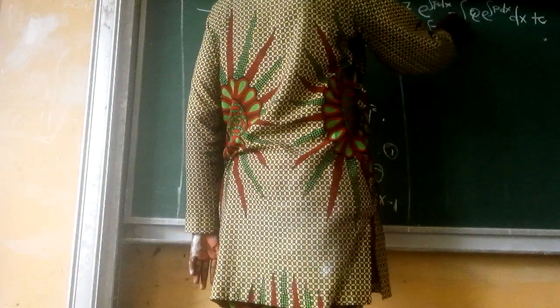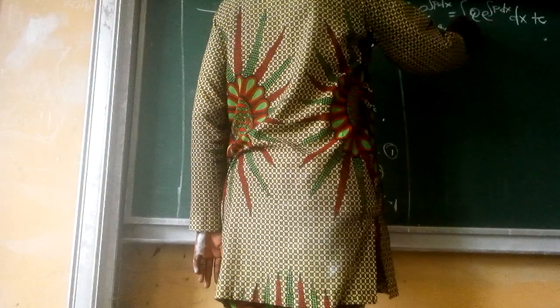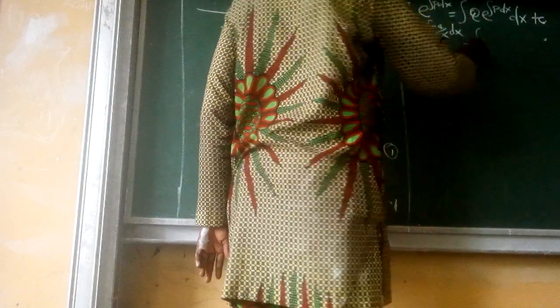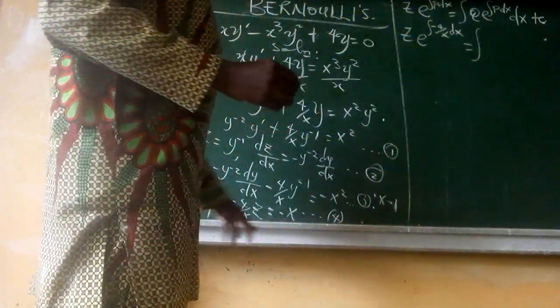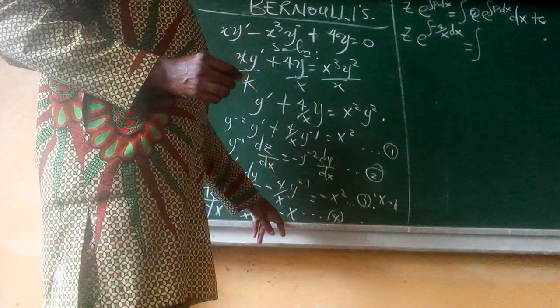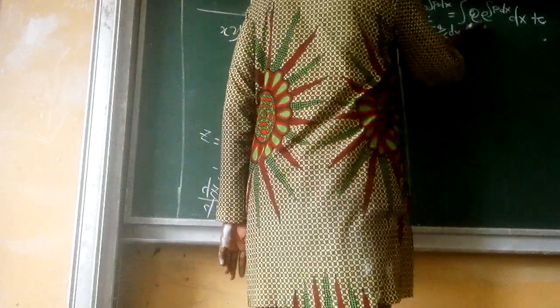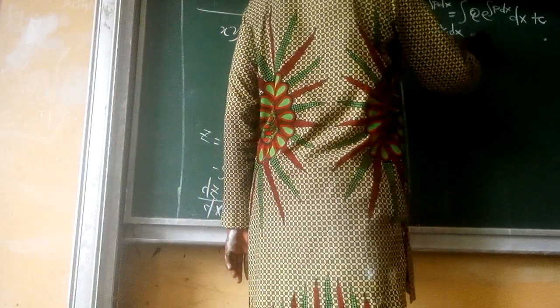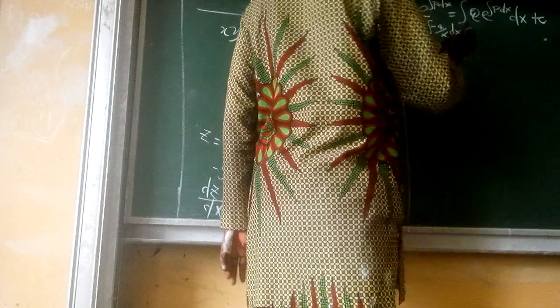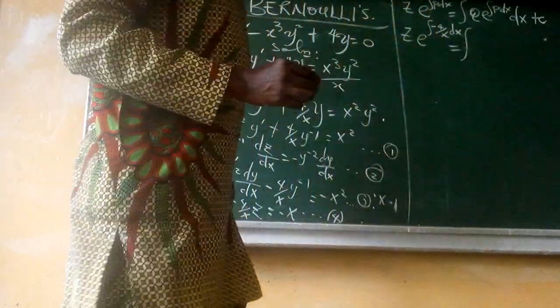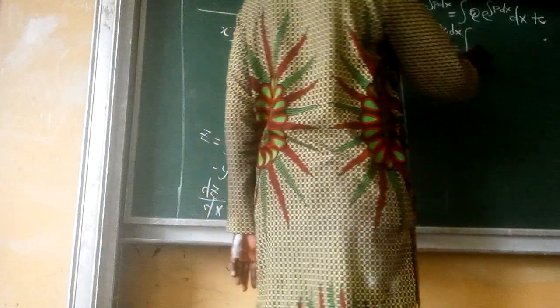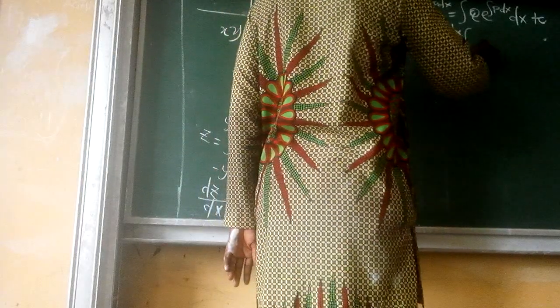So the integrating factor becomes exponential of integral of minus 4 over x dx, and that is equal to integral of q, the value at the right hand side. The value at the right hand side simply gives us integral of q, and q is minus x.